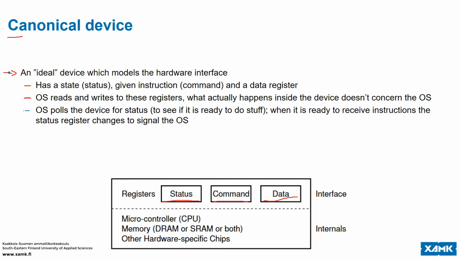The operating system then should poll for the status of this device to see if it's ready to do something. And when it's ready to receive instructions, the status register changes its value to signal the operating system. So the operating system can basically read the status register and determine what is the state of this device through this interface.